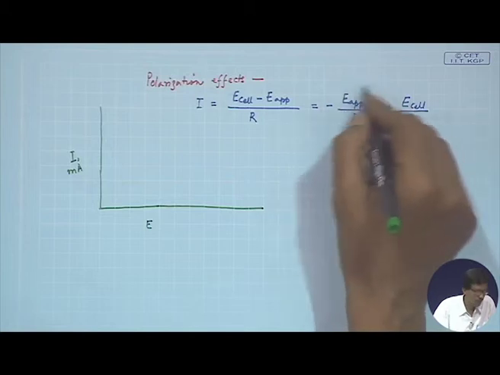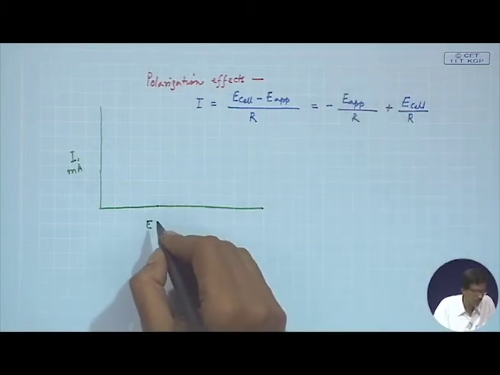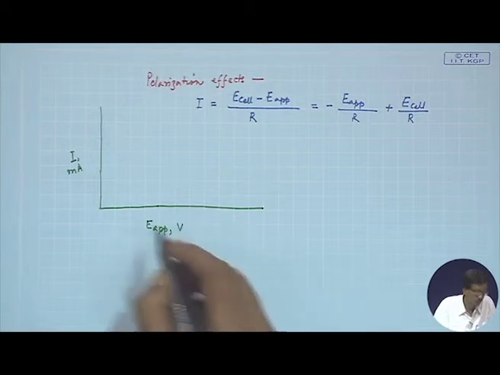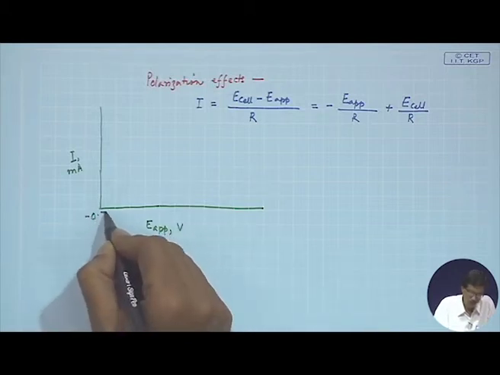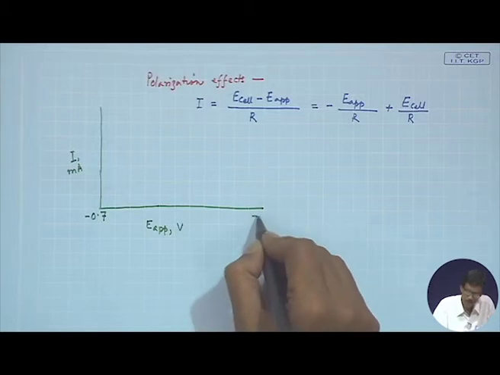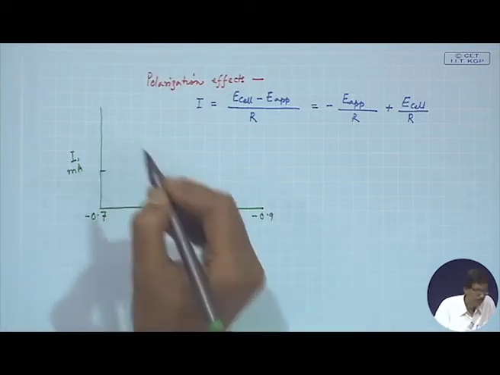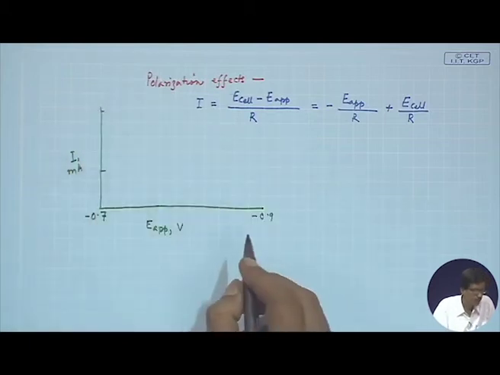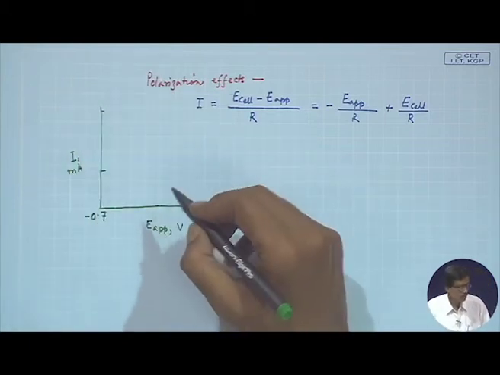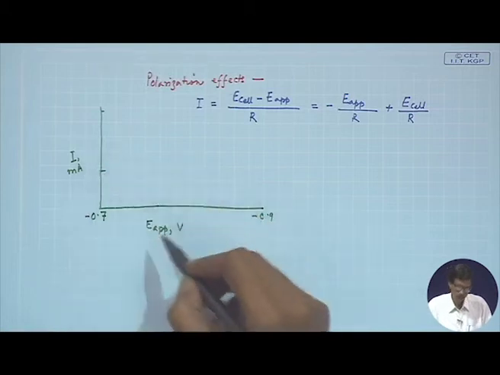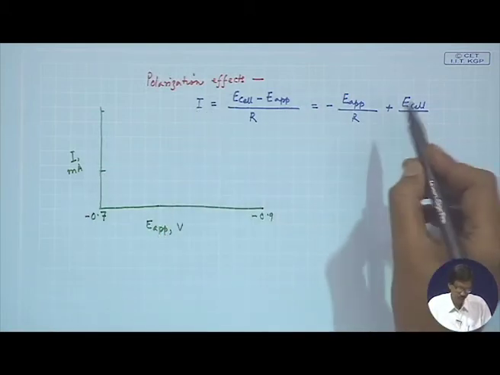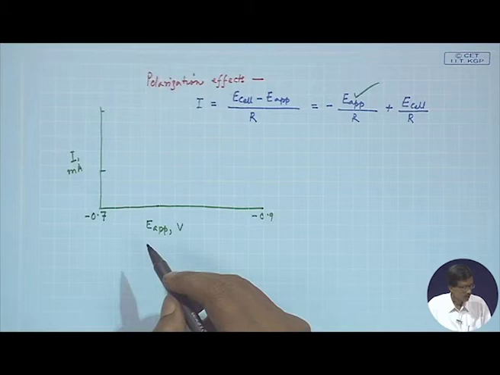So, E app is in volt. It is starting from 0.7 volt to minus 0.9 volt, and current is basically 4 ampere to 8 ampere. So, in this particular case, I is plotted against E app.